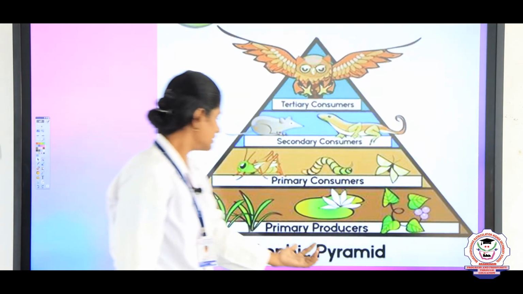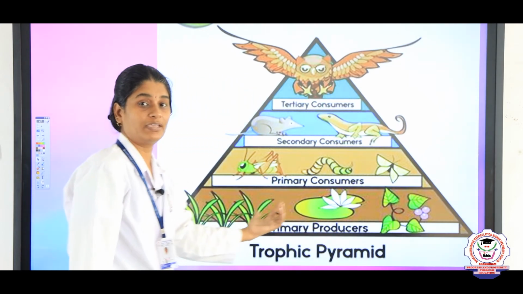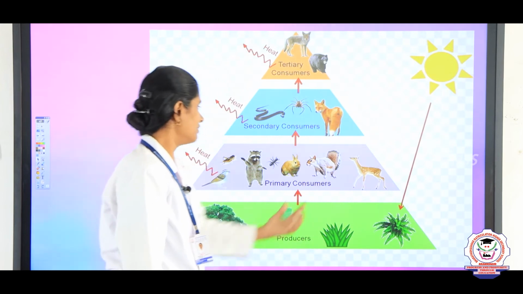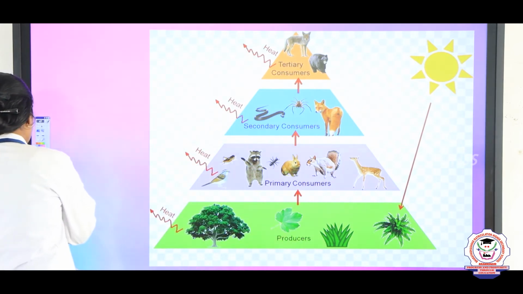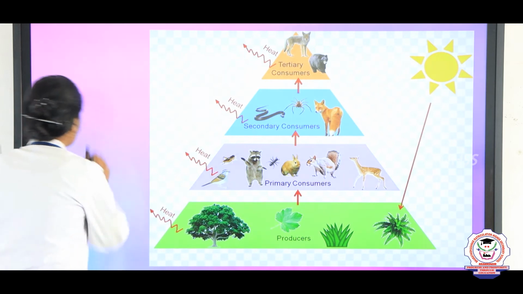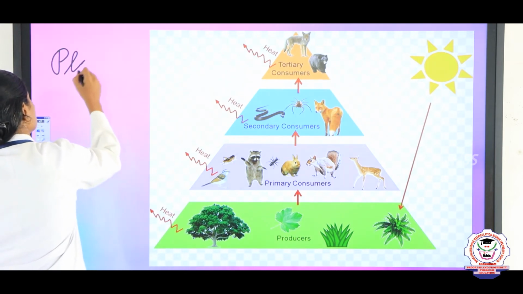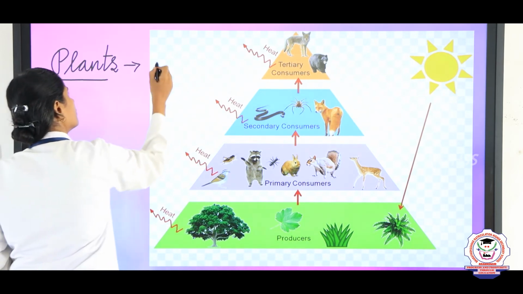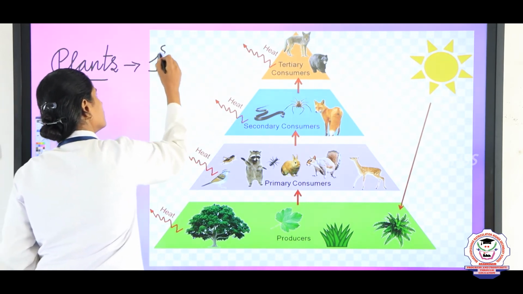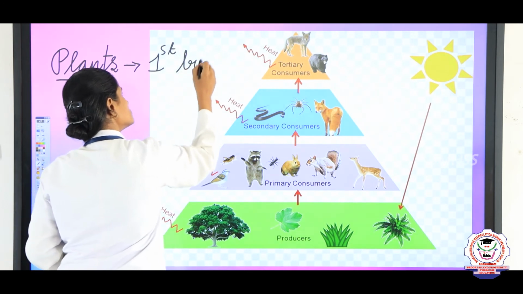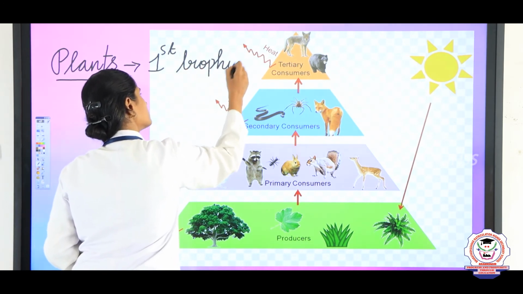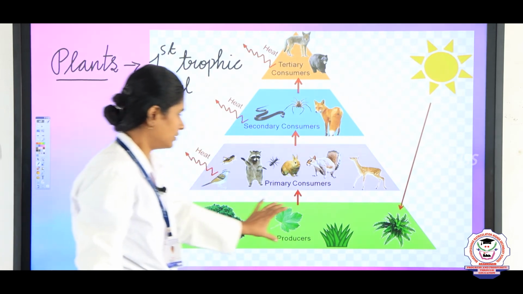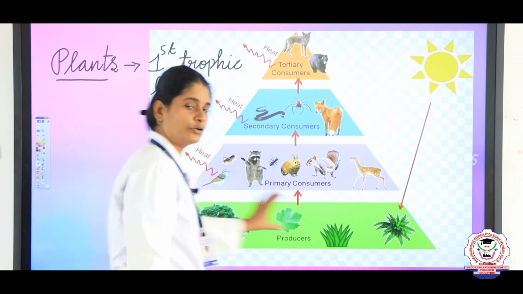Here also you can see the trophic pyramid. So, what is trophic here? It refers to the levels. The producers, that is plants, are the first trophic level.